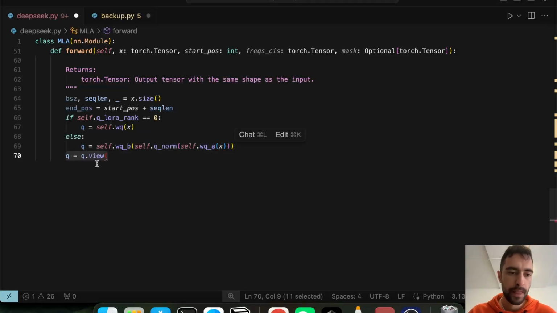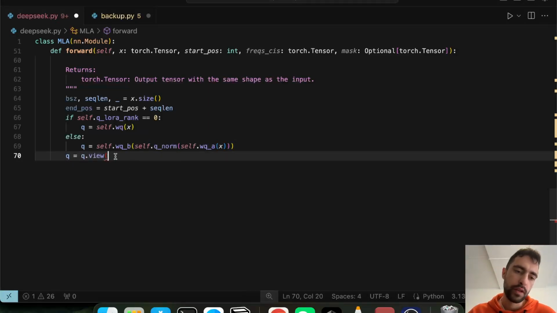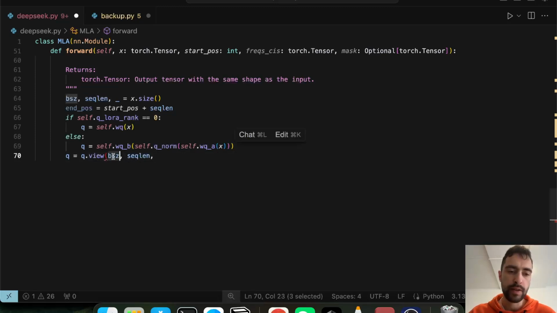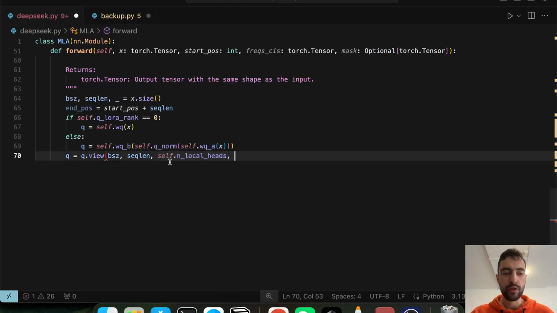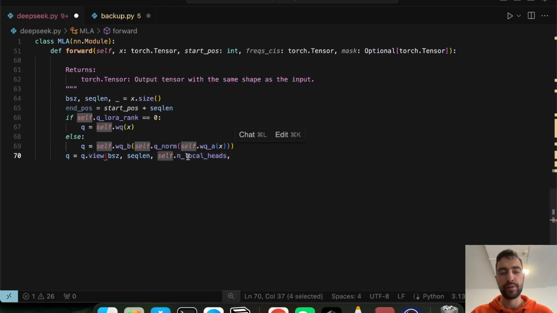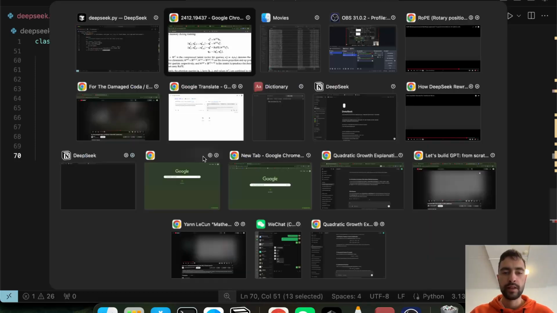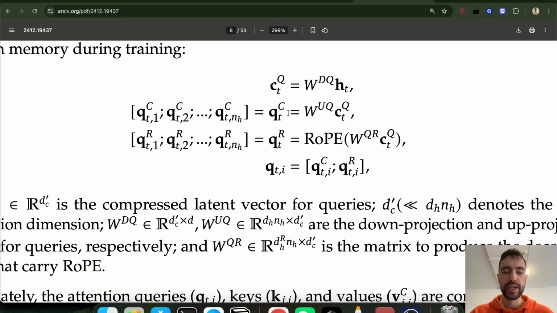Next, we want to transform this vector. So we will keep batch size and sequence length the same, but we will separate the last dimension. I'll show you here. We have one long vector and we need to separate it into different heads.